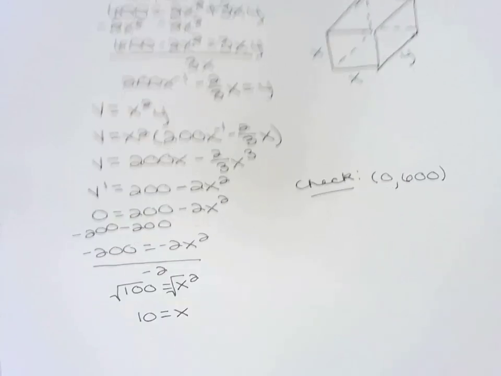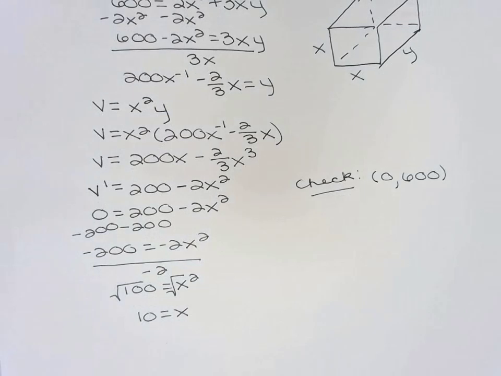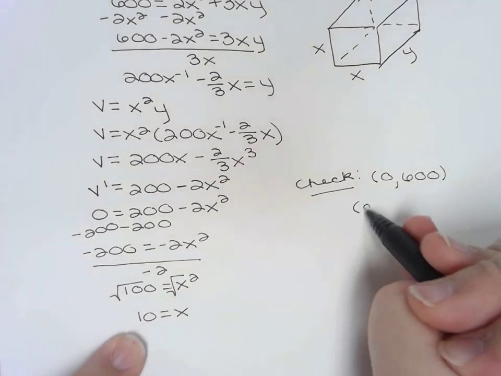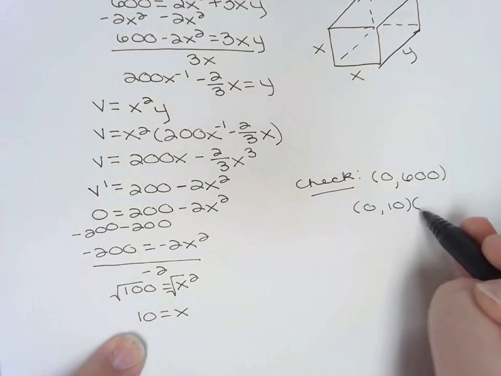Whatever, it's not really going to matter. Technically, you can't have over 600. You could put infinity, and it's not really going to make a difference. But here's my domain. We're going to split the interval up. Put at 10, your critical point.